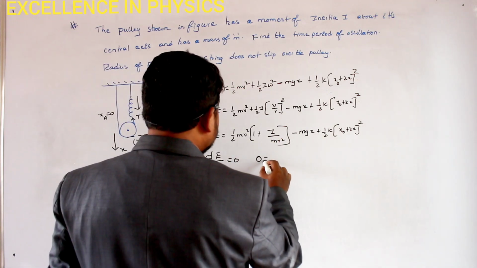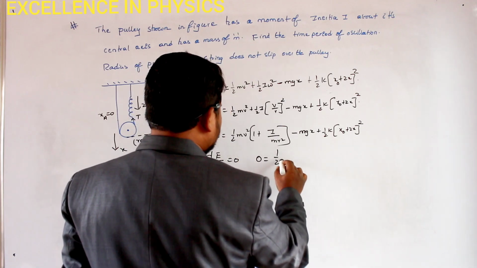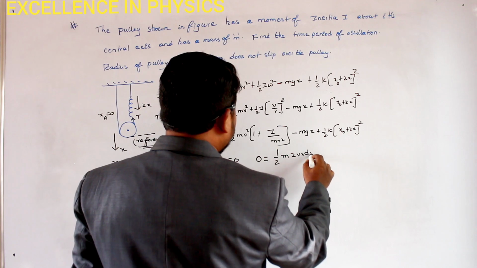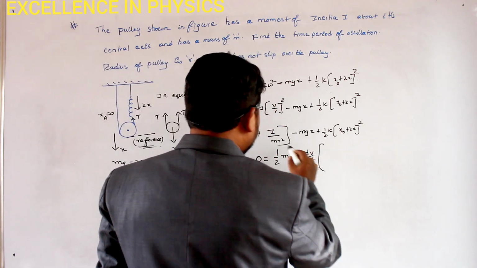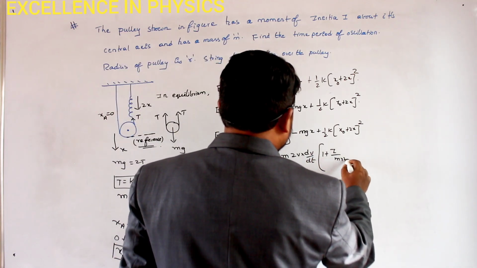So I can write 0 is equal to, now half m is a constant, so half into m into 2v into dv divided by dt, because 1 plus I by mr square is a constant. So 1 plus I by mr square. Clear?